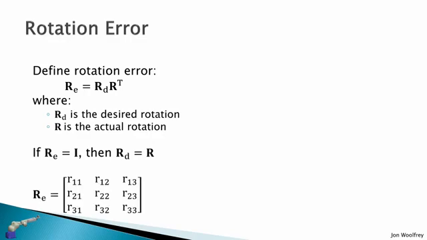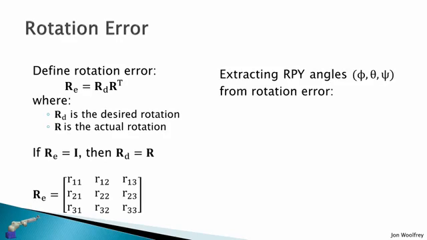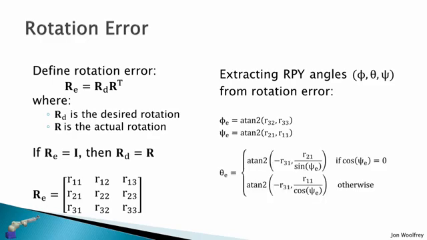So let's suppose that we have the rotation error calculated with this 3 by 3 matrix here for any given values of the elements. Then we can extract the roll, pitch, yaw angles from the rotation error. So phi, psi, and theta. So therefore we can define the error in terms of the roll, pitch, yaw angles.